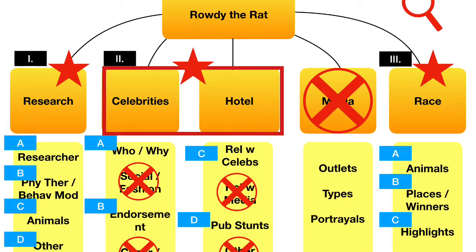And you don't have to go in that order either. You could determine for the race that animals is going to be your subpoint A, highlights is going to be subpoint B, and then the placers and the winners are going to be subpoint C. So you don't have to go in that order, but it gives you the ideas for all those sentences.